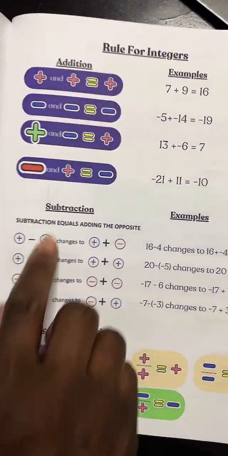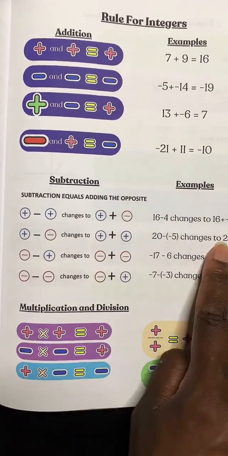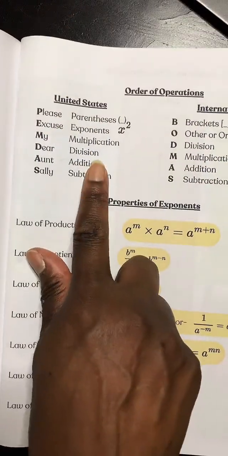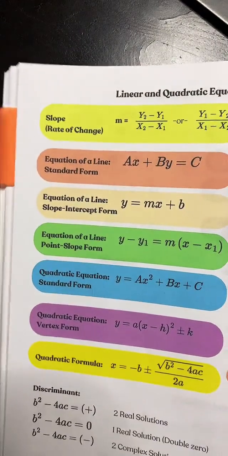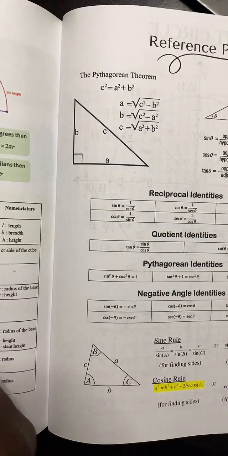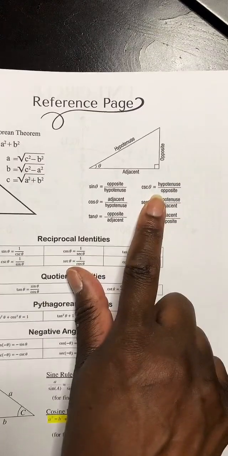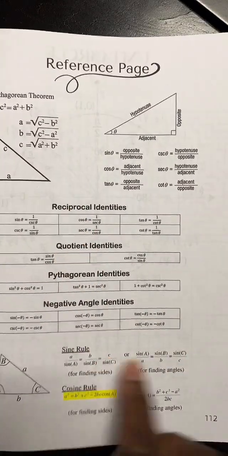And in addition to those, I have your rules of integers: addition with examples, subtraction with examples, multiplying and dividing. Then we also have the order of operations and properties of exponents. Here we go with some of the linear and quadratic standard form equations, as well as a couple of reference pages: Pythagorean theorem, SOHCAHTOA, and also a couple of the trig identities, especially when you get into pre-calculus.